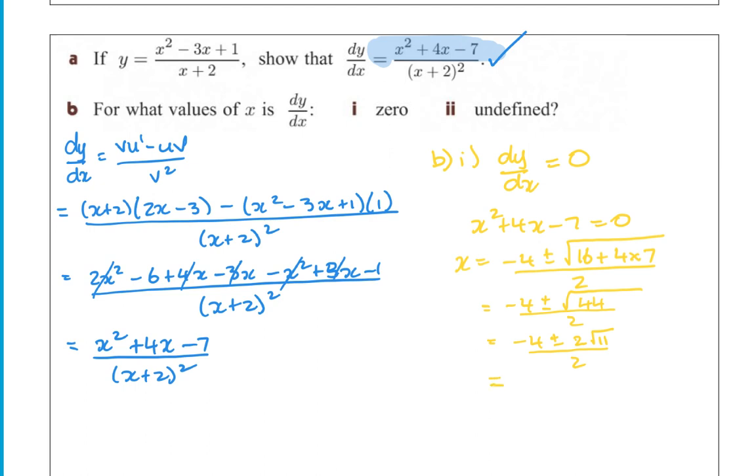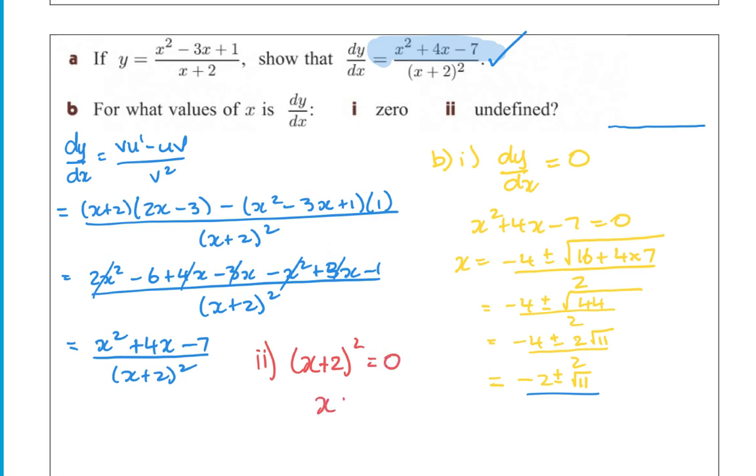And I get -2 plus or minus root 11. And that's the value for which dy dx equals 0. And remember, dy dx equals 0 when the tangent is horizontal. So at this point, the tangent is horizontal.